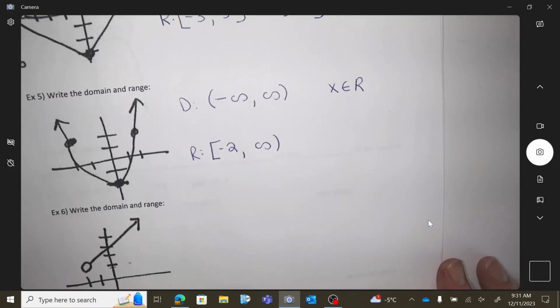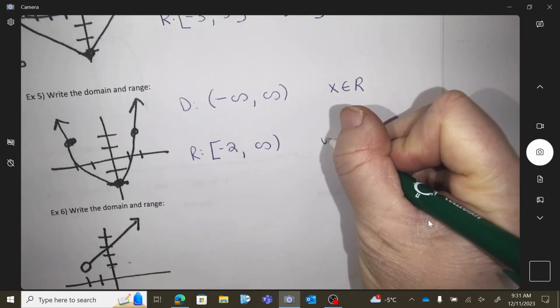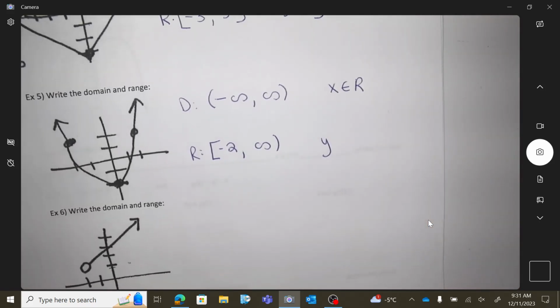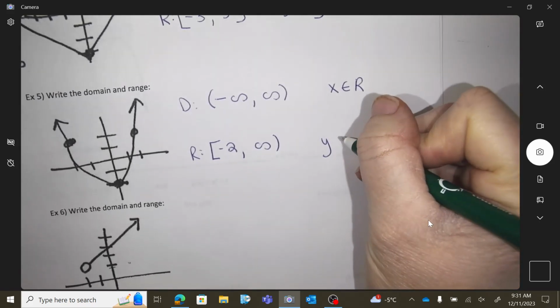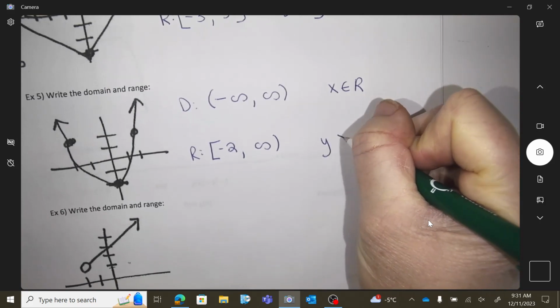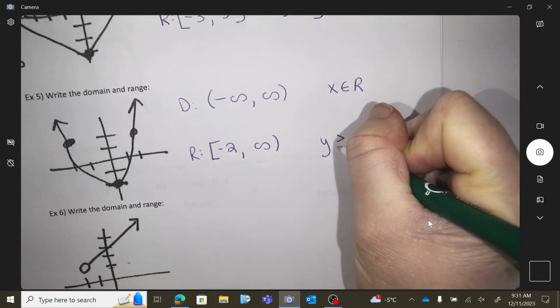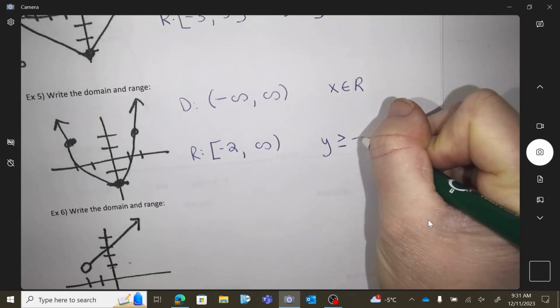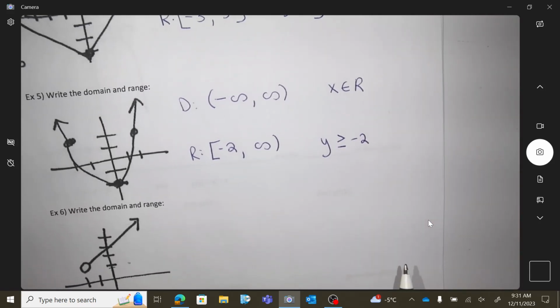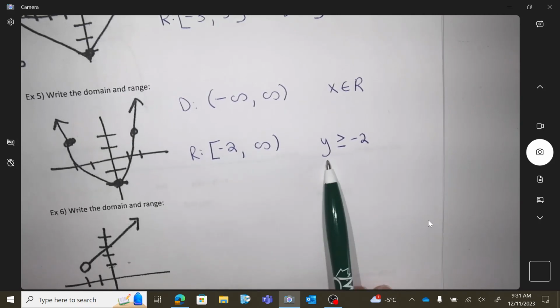How do I write that as an inequality? What is y? Y is anything greater or equal to -2. This means the exact same thing.